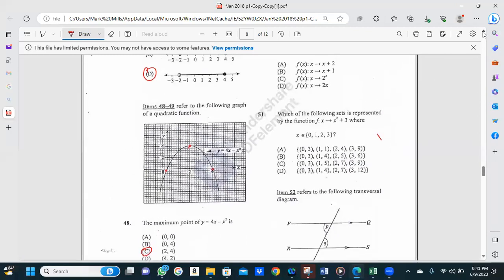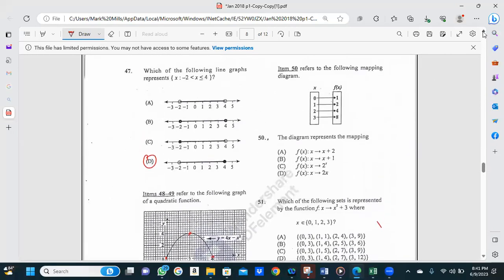All right. Number 50, f of x, right? They say 0, 1, 1, 2, 2, 4, and 3, 8. So they say x plus 2? Nope. It's not x plus 2. x plus 1? Nope. 2 to the x.